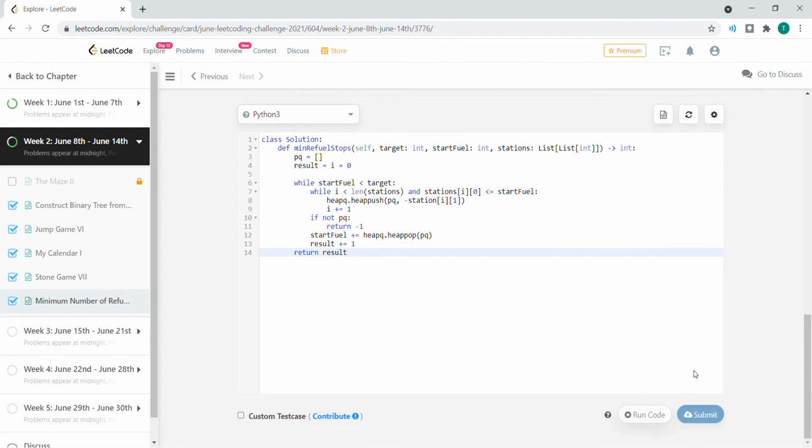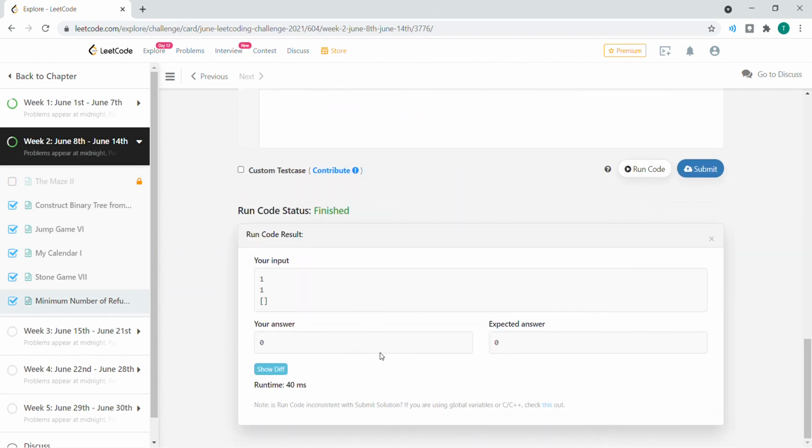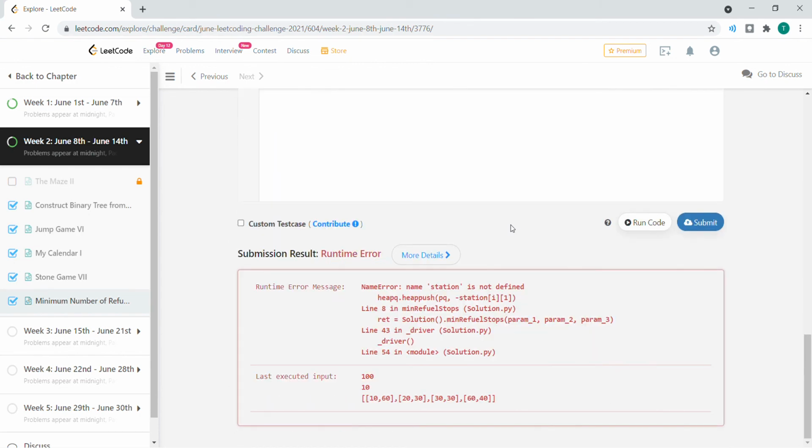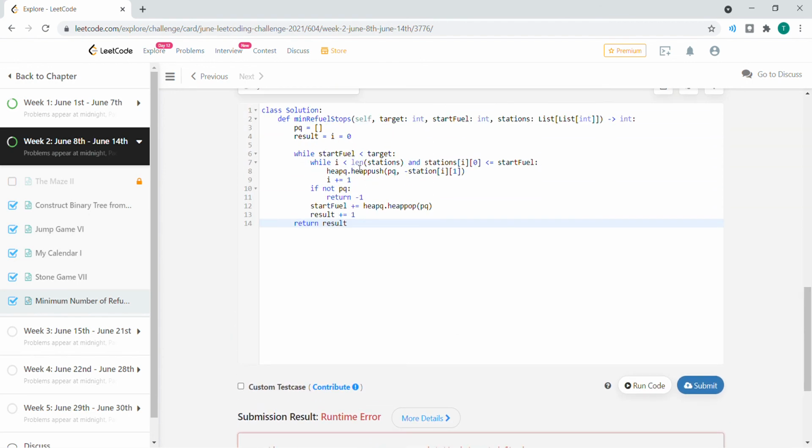Let's run the code and see if this works. Finish 0, 0. Well, that's not really helpful, but let's submit it. Oof. Let's see.